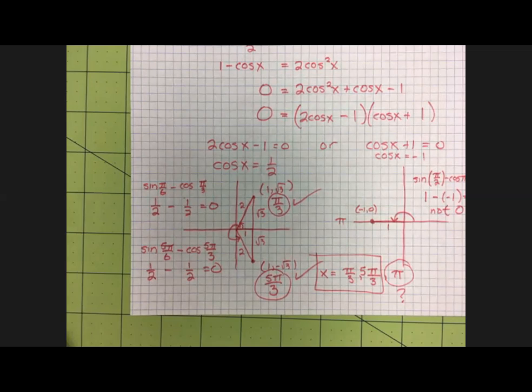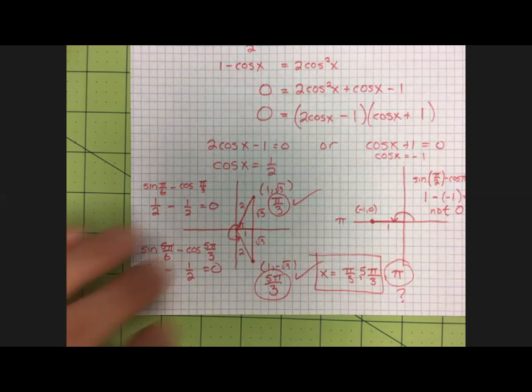Okay, let's go into some problems in section 4.3 that require a little more work. These are problems that involve either multiple angles or other identities. Let me give you an example.